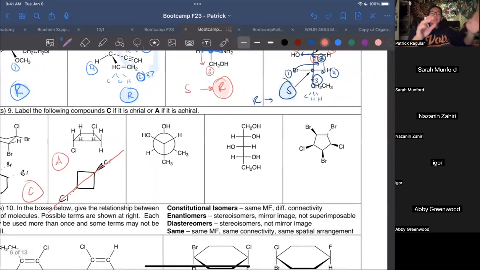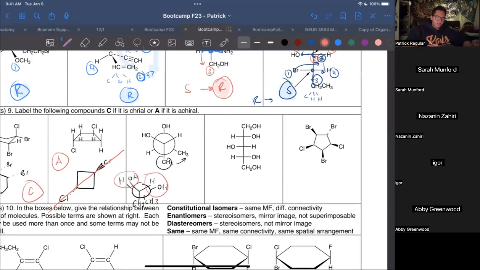For this one, is it chiral or achiral? When you're looking at a Newman projection, just eclipse it. If you were to eclipse this with this, you would get something that looks like this. CH3, CH3, H, nope. Yeah, the front was H. OH, OH, H. These are not symmetrical.